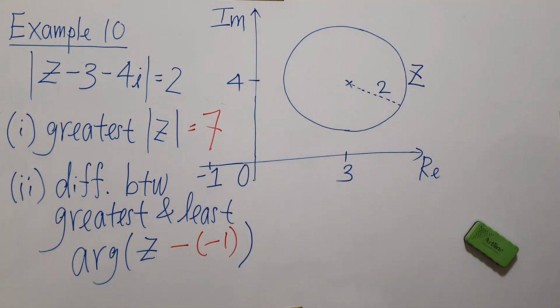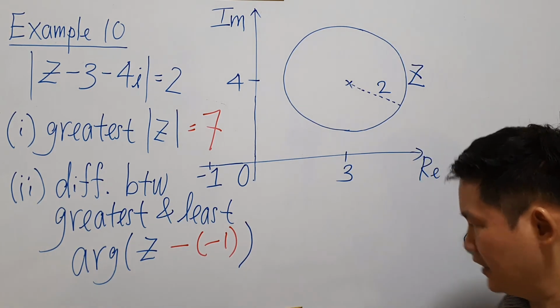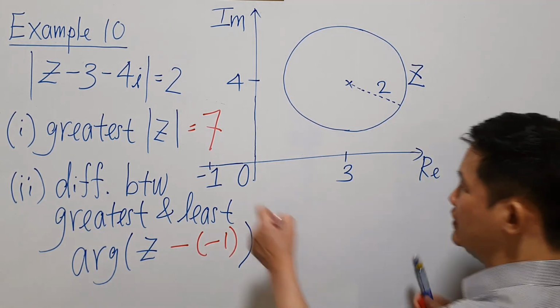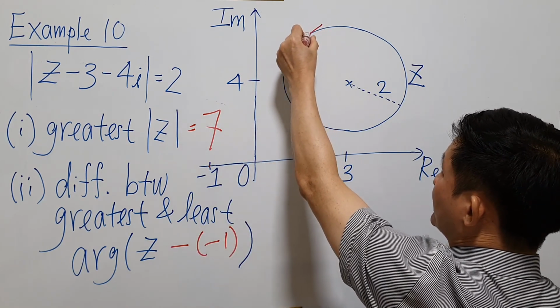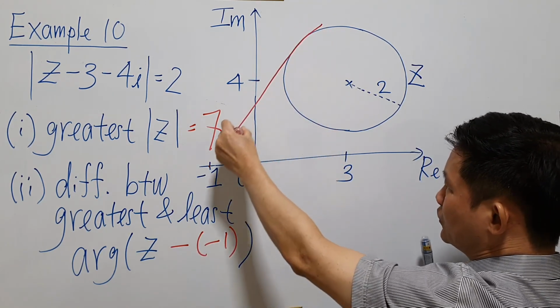Starting from minus 1, to achieve the greatest argument of this complex number, I can do so by drawing a tangent line from minus 1 to the circle.